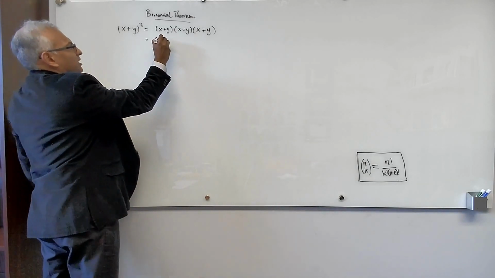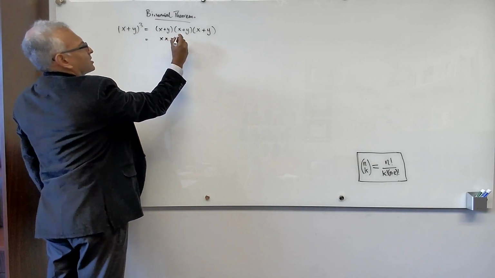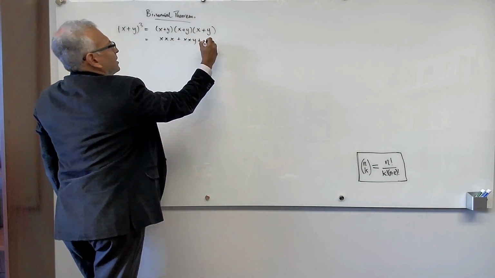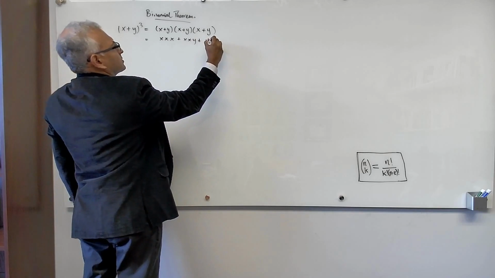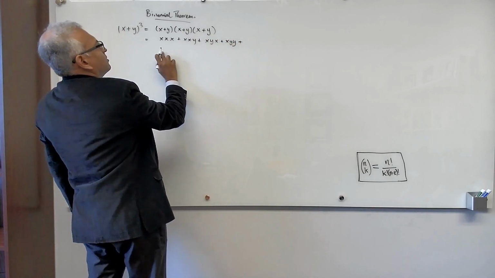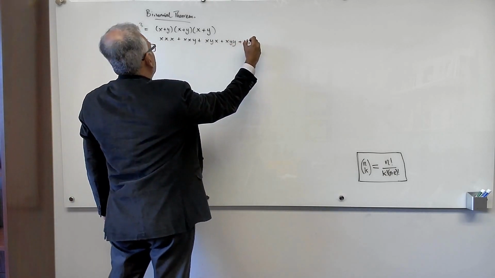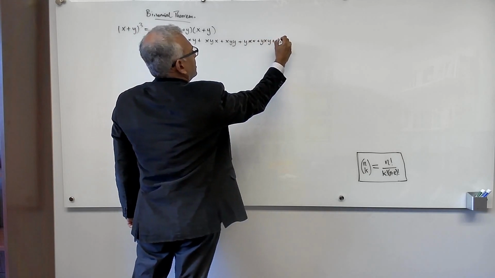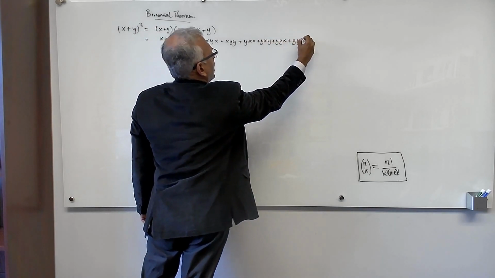I'm going to get xxx, plus xxy, plus xyx, plus xyy, plus, now those starting with y: yxx, plus yxy, plus yyx, plus yyy.